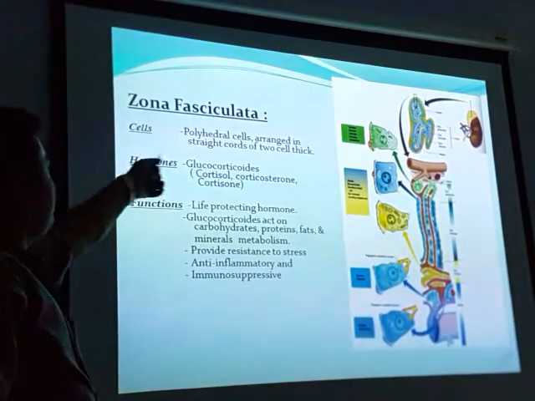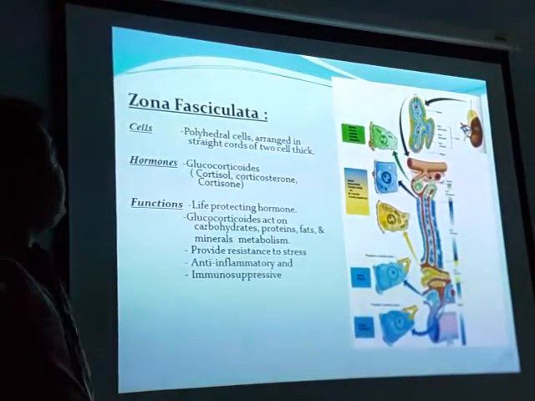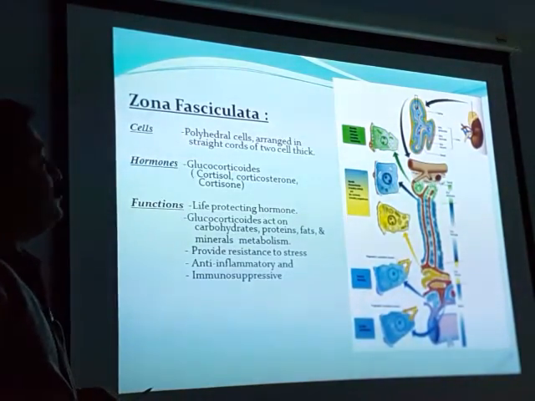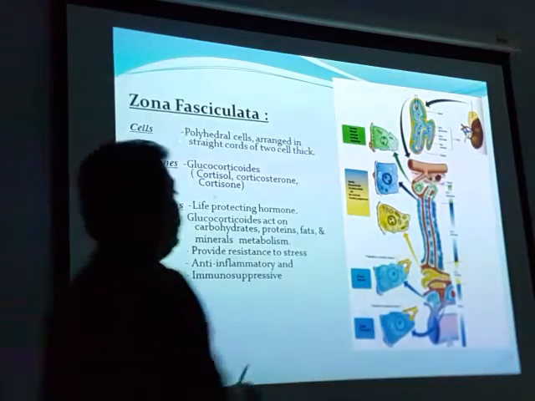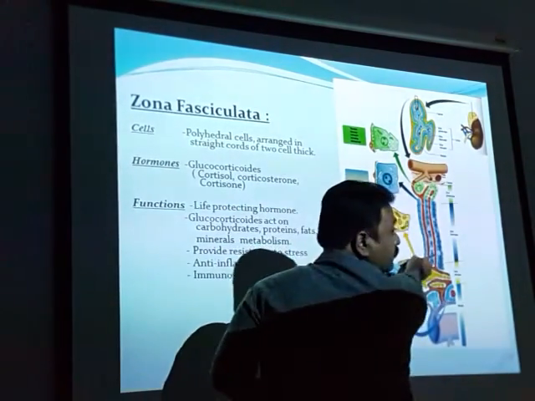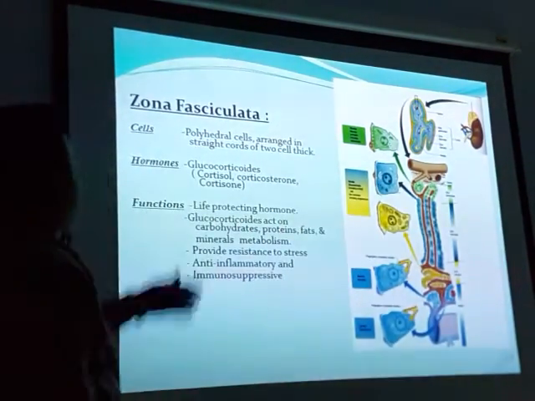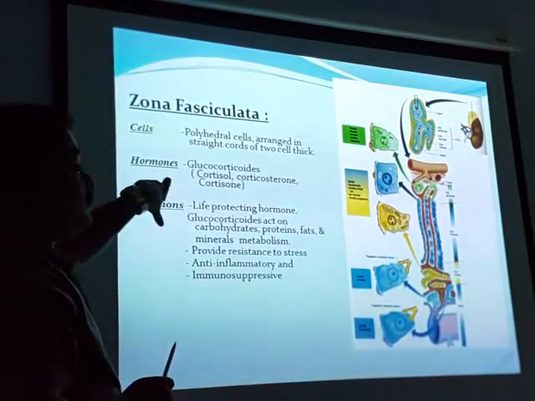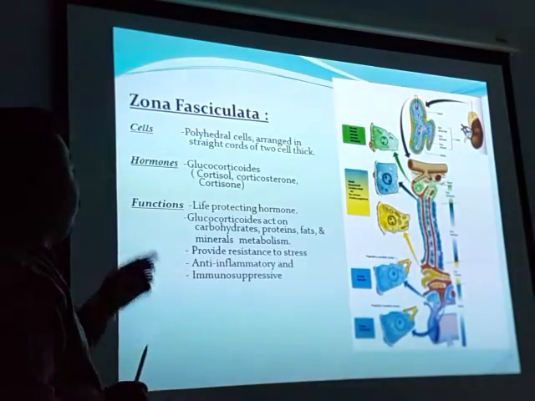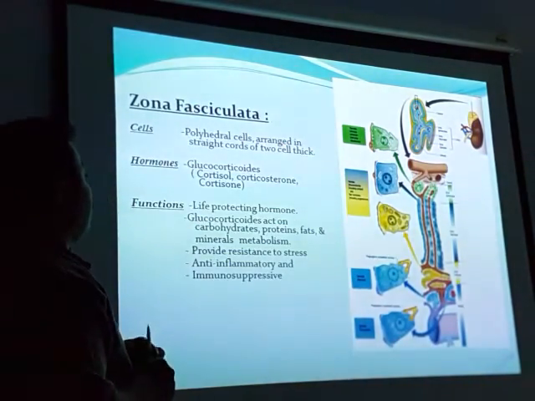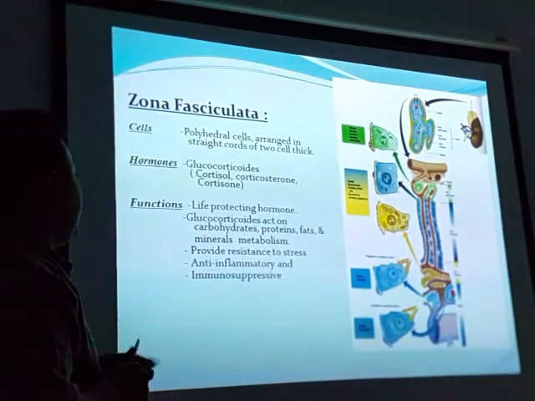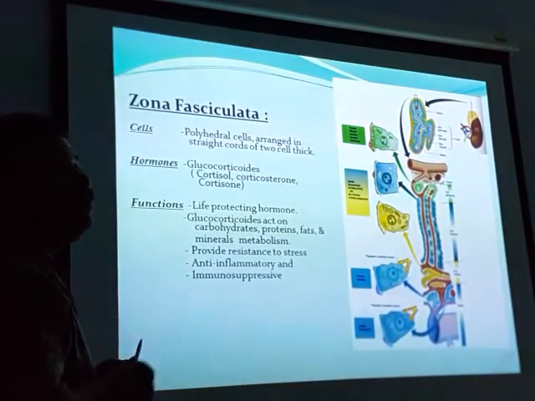Zona fasciculata: the cells present in this layer are polyhedral cells arranged in straight cords of two cells thickness. What are the functions of this layer? The life protecting hormone, glucocorticoids, which provide resistance to stress and are anti-inflammatory and immunosuppressive.